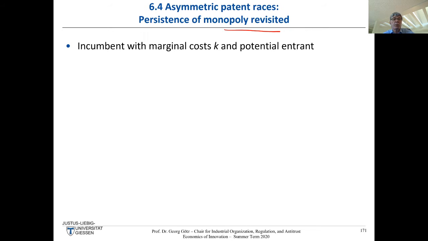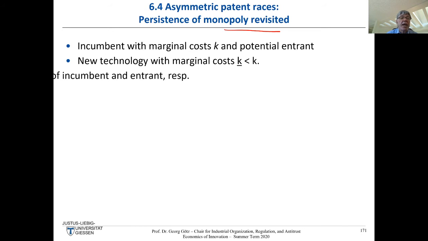We saw the depressing result there that you always have persistence of monopoly, and that a monopolist, in a sense, can use the patent law to keep on her position. Now, we introduce uncertainty in this situation, and you will see that we might get a slightly different result here.